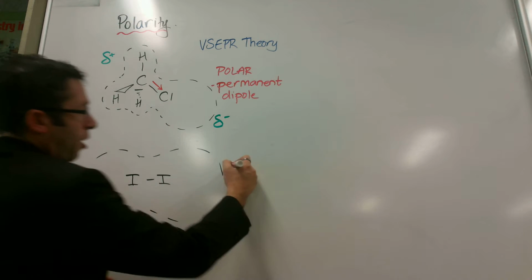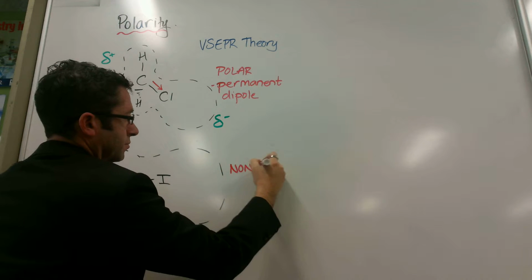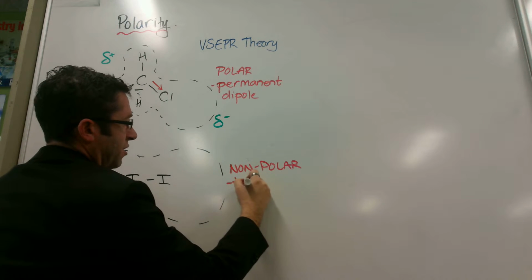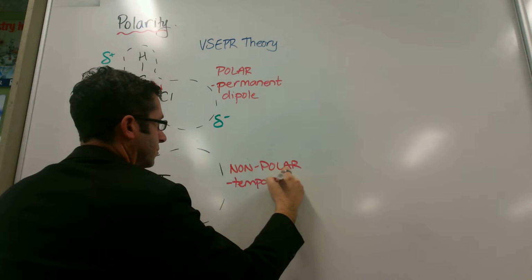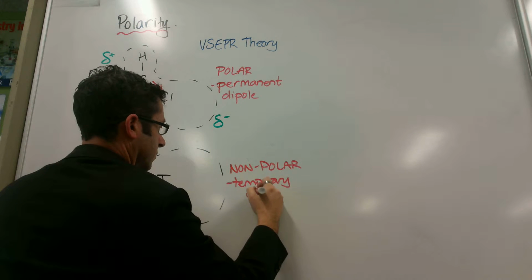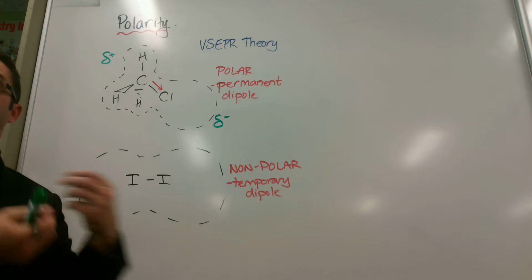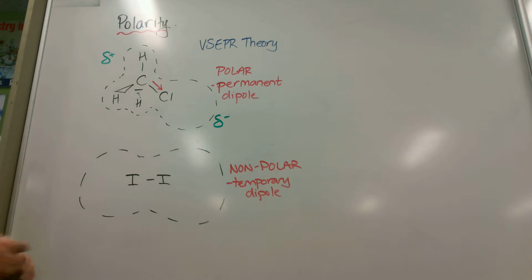This is a non-polar molecule, so we only have temporary dipoles. At any instant, you might have a delta minus and a delta plus just for a moment, then it can go away, come back again, be flipped, so it comes and goes.